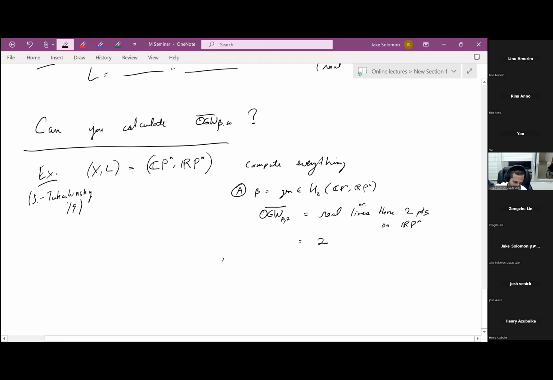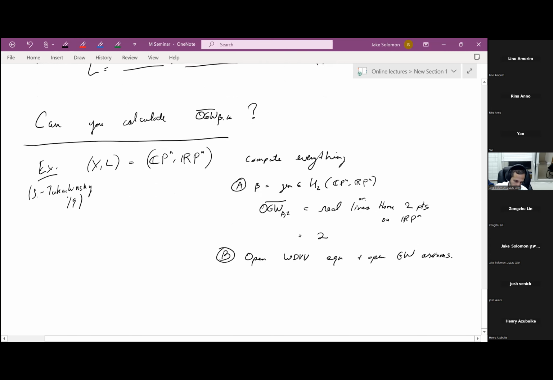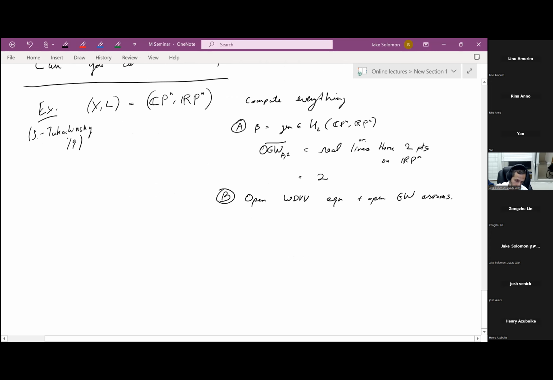And then there's an open WDVV equation and open GW axioms. This allows you to determine everything recursively.